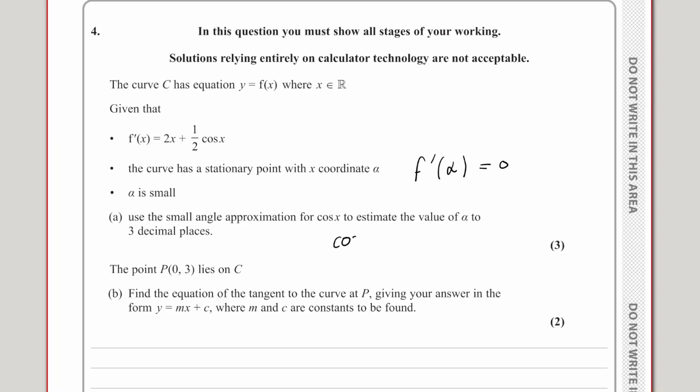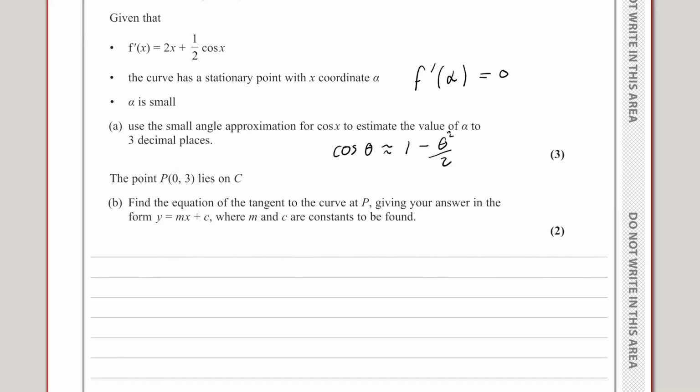It says cos theta is approximately equal to 1 minus theta squared over 2. So let's use that. Part a.